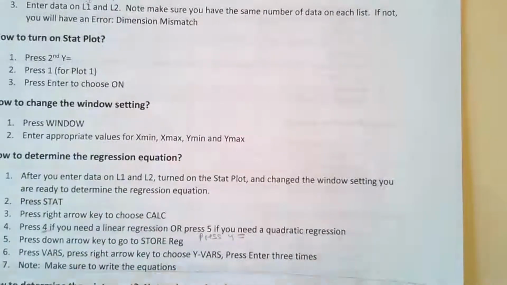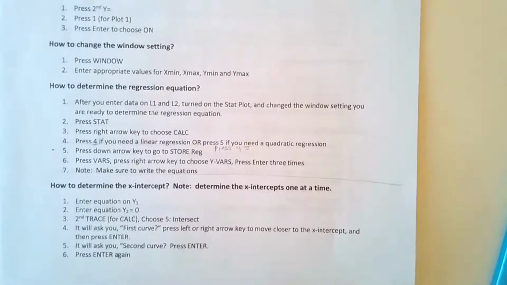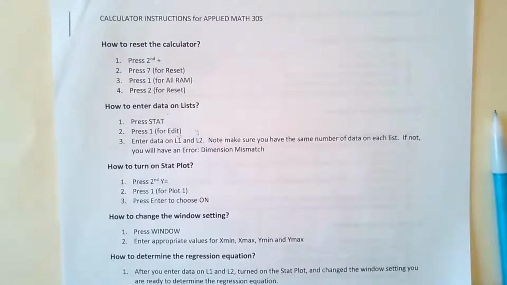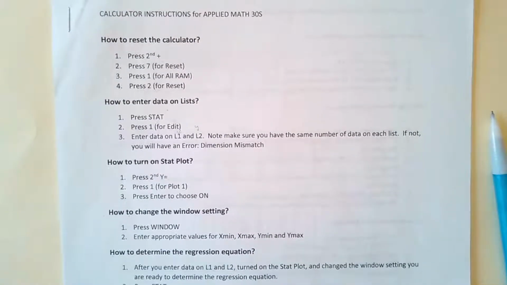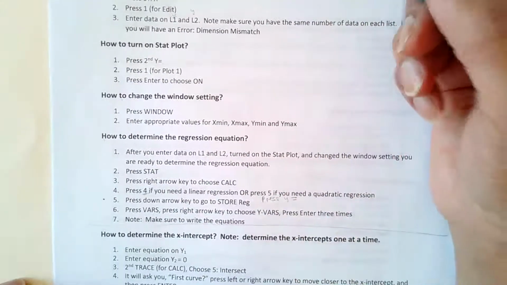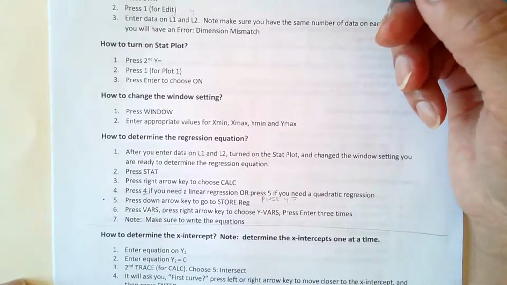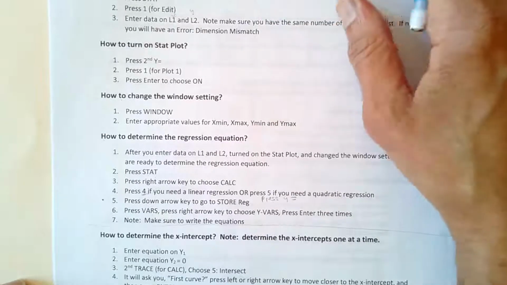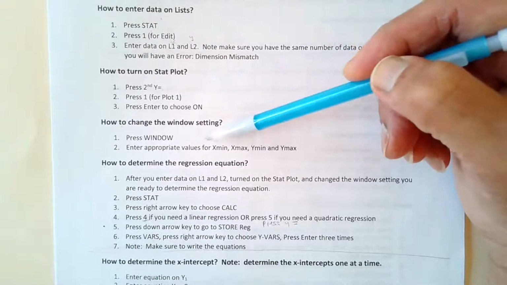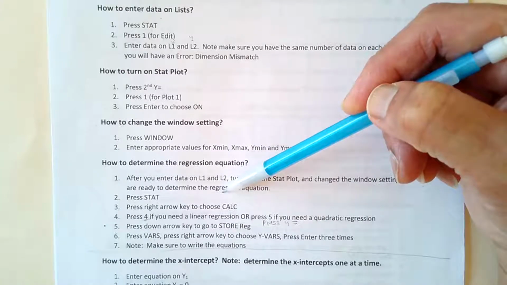Also, you have this specific sheet here. I'll just zoom out so you can see it. Now, you have this handout, and it has the instructions on how to determine your regression equation. Here, you start off with entering your data in your list, sort your snapshot on, use your window, and you'll determine your equation.